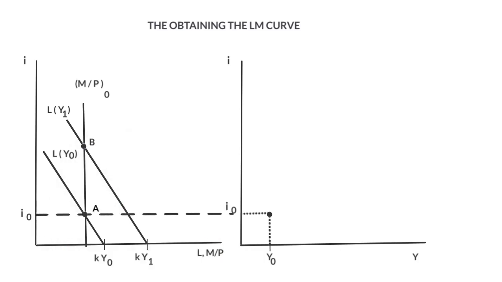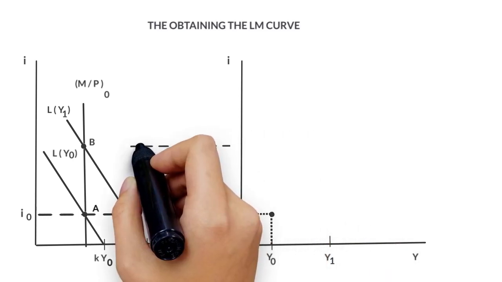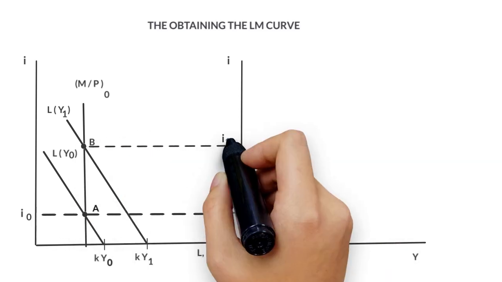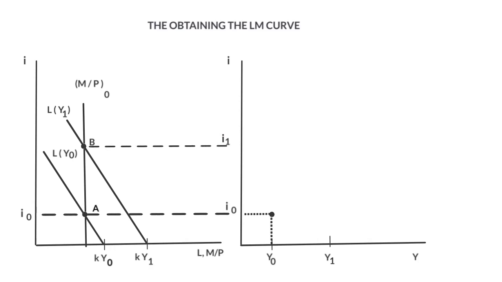If the slope has not been modified, we will get a new monetary demand curve L for the income Y sub 1. The equilibrium point will be now point B. Therefore, for the new income level Y sub 1, the interest rate obtained in the monetary market will be I sub 1.